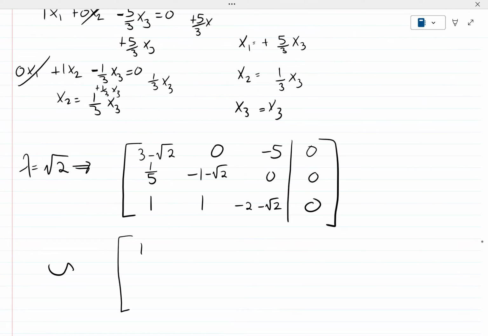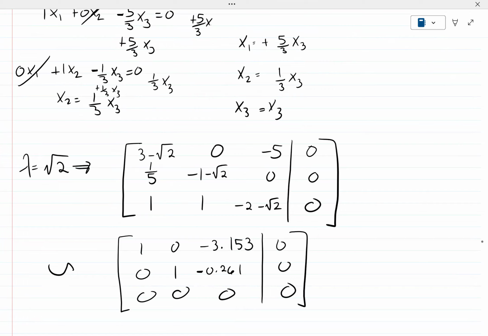This is going to be 1, 0, negative 3.153. You could just put that in the calculator. Negative 0. And then this is going to be 0, 0.261, 0. And then the last row is 0, 0, 0, 0. So what that means is my x1 is 3.153 x3. Like I said, I'm doing this in my head. So remember, this is column one, x1, x2, x3.